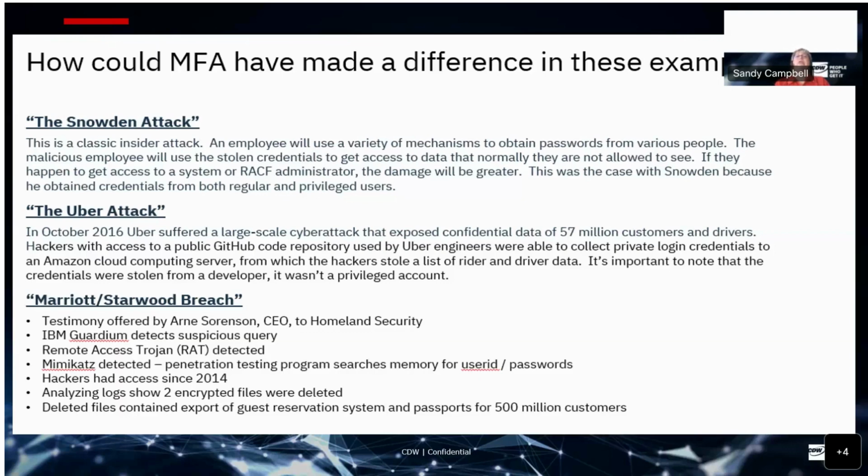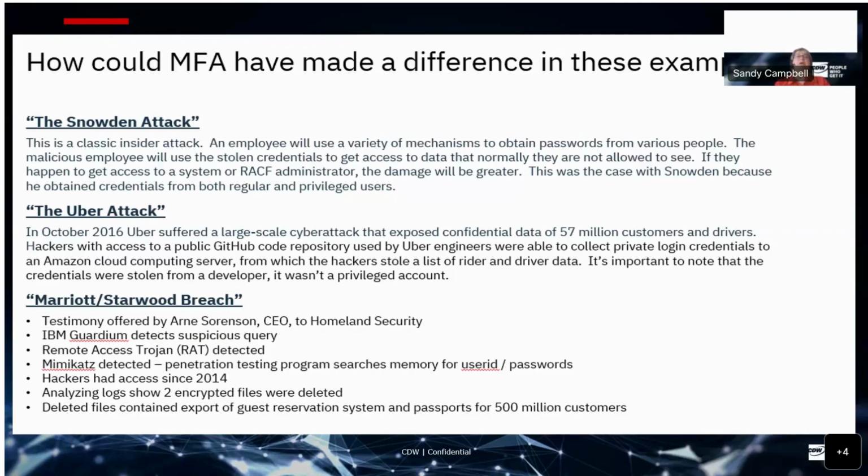Because then they could change access and user IDs to give them more power. That was the case with Snowden, right? He obtained credentials from both regular and privileged users. So MFA would have made a difference here, because he would have had to acknowledge that he really is this person, and he probably didn't have their phones or whatever method is being used.